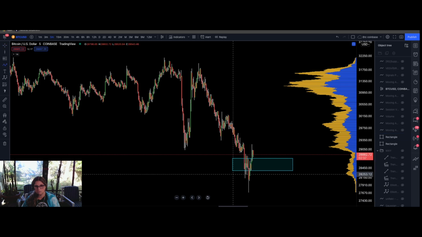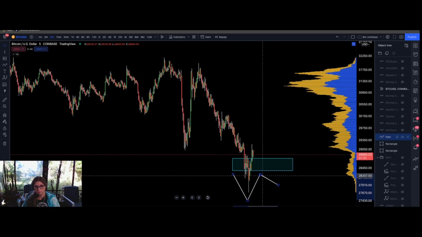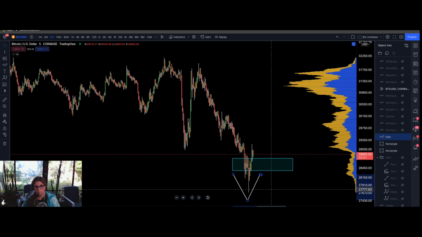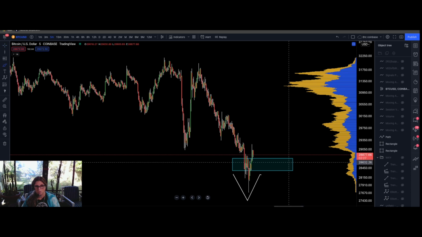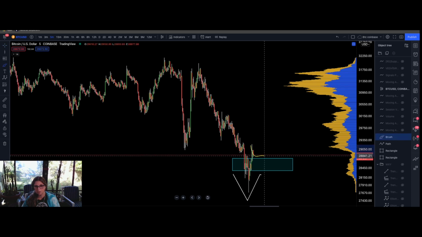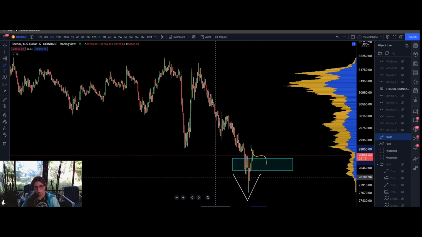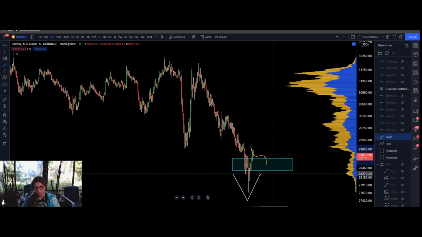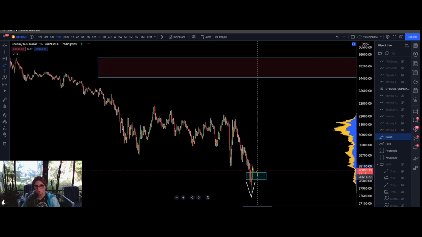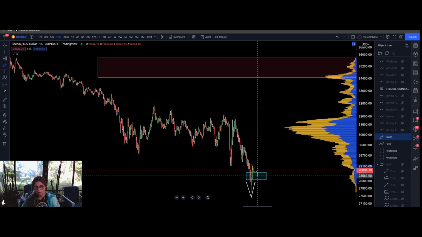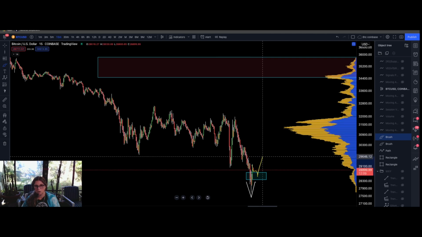Then you want to see this V-shaped recovery, which it has. The next thing you want to see is that it pulls back and can hold support here. If it goes right through, well, it's failed. Then you want it to hold support here, and you want it to kick off.